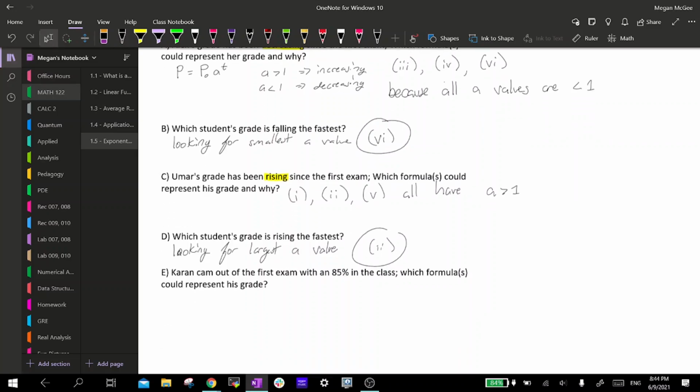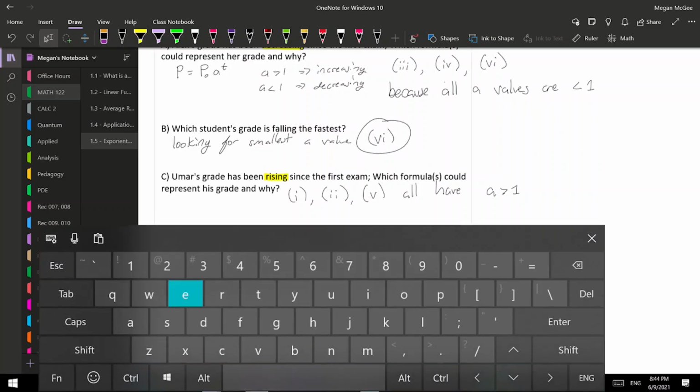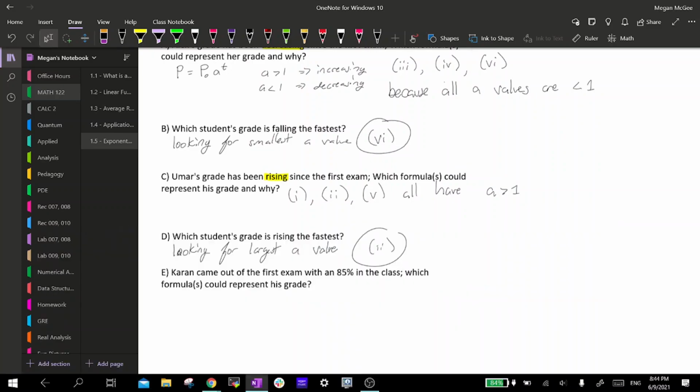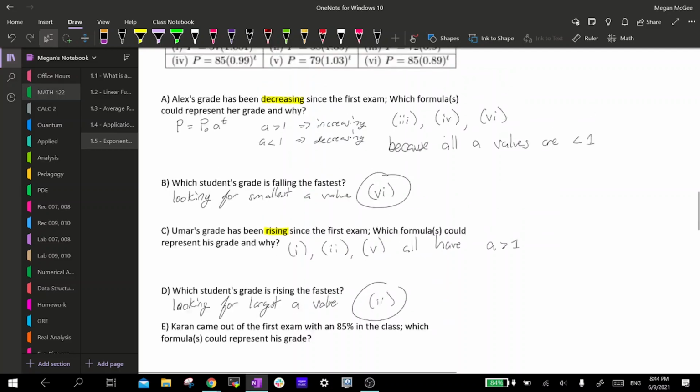And part E, we need an E there. Karen came out of the first exam with 85% in the class. Which formulas could represent his grade?